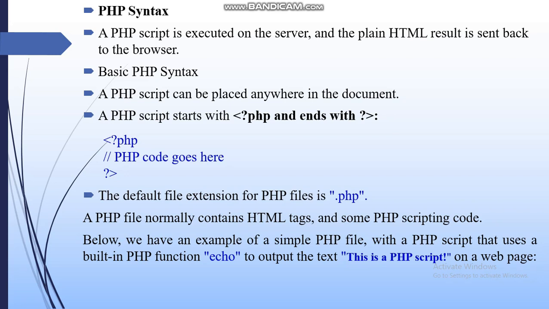To execute a PHP script we need a server. The syntax is angle bracket, question mark, PHP, then we write our PHP code and close with a question mark and angle bracket. After writing our PHP code, we save the file with the .php extension.